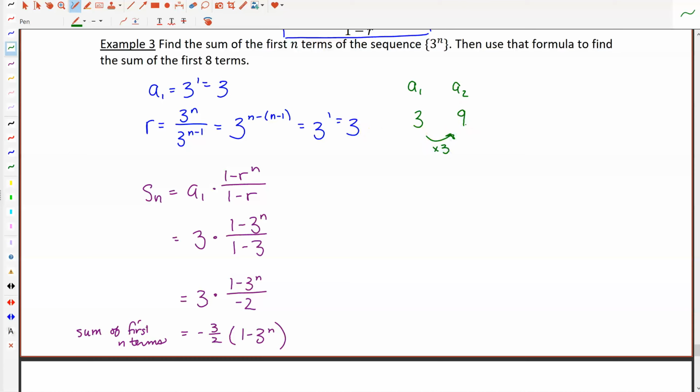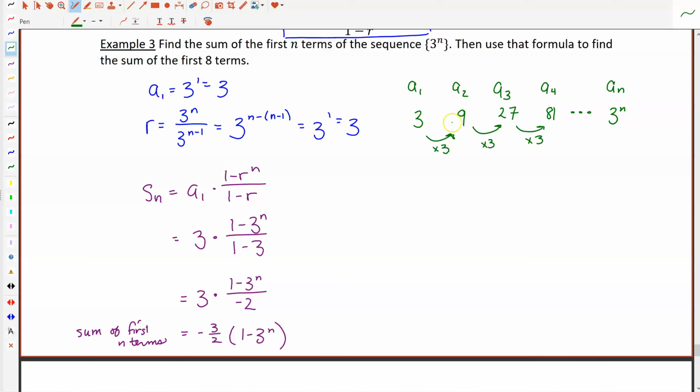So that means the second term is 9. My third term would be times another 3, or 27. My fourth term would be times another 3, or 81, and then so on through my nth term, which is given by my beautiful expression, 3 to the nth power.